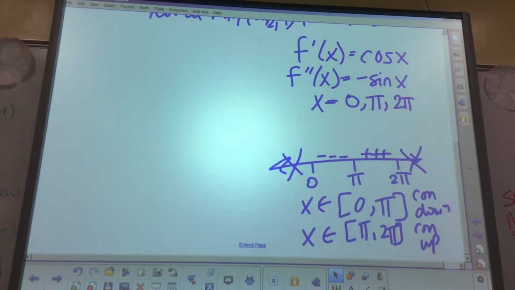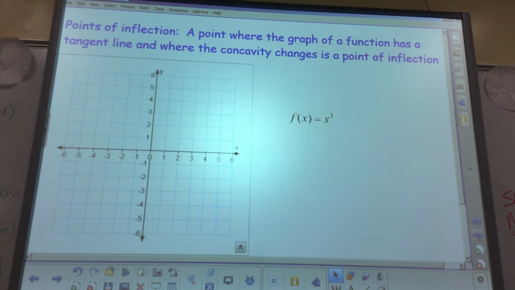So this is leading us into that question. Is this a point of inflection? A point where the graph of a function has a tangent line and where the concavity changes is a point of inflection. So as Spencer said in our previous problem, x equals pi would have been a point of inflection because that's where the sine graph changes from concave down to concave up.